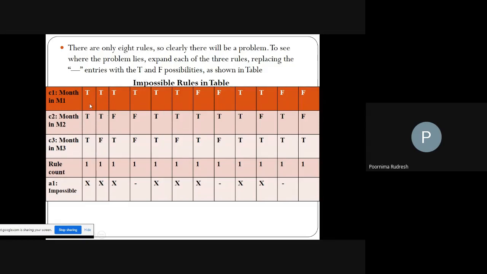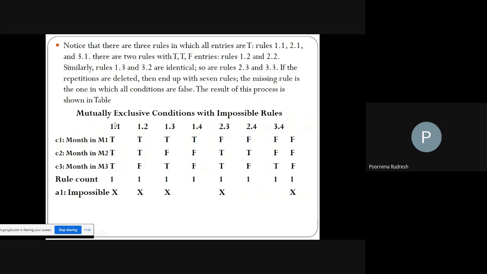Okay, similarly 1.1, 2.1, next we have the 3.1. This rule is called rule number 3.1. You compare the 1.1, 2.1 and 3.1, all the entries are same, right? Here also it is T and the output is X. So all the entries and the output are also similar, then that can be reduced into one simple rule, that is 1.1.